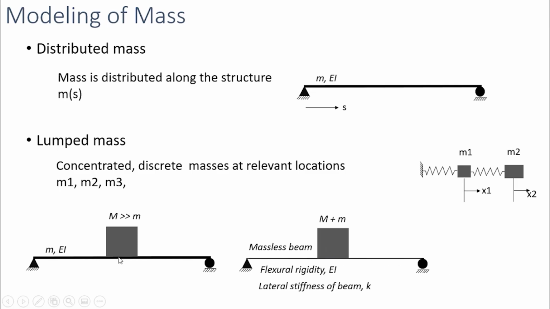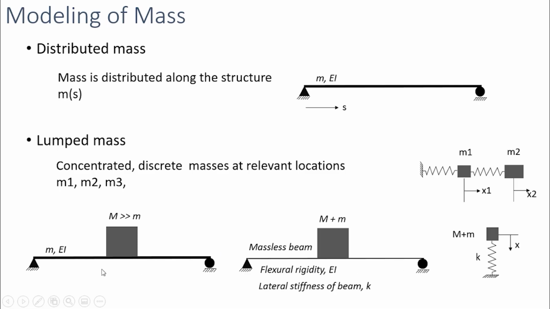This assumption is valid when the dynamic effect due to the small mass m is negligible compared to the dynamic effect due to the actual load mass. So in such conditions, we can treat this as a massless beam, and we can lump all the masses at one location. So this is equivalent to a system like this.